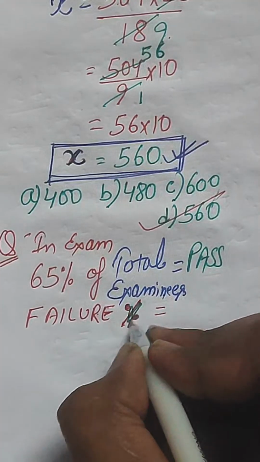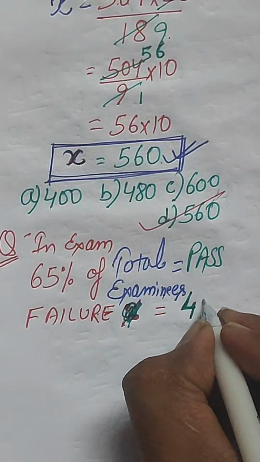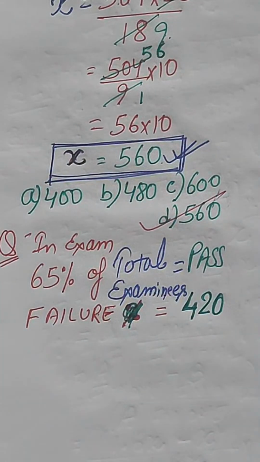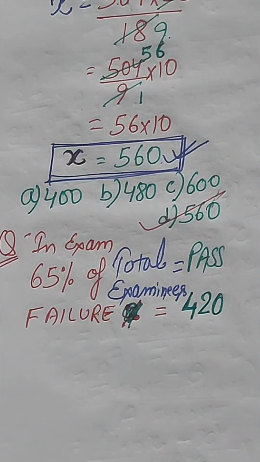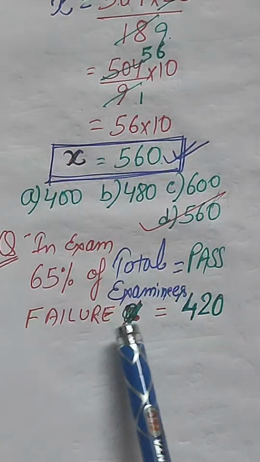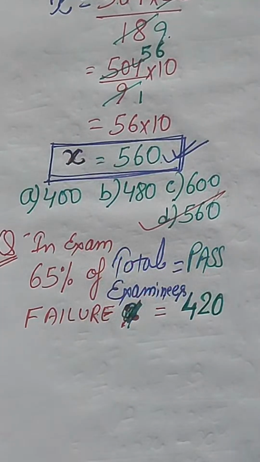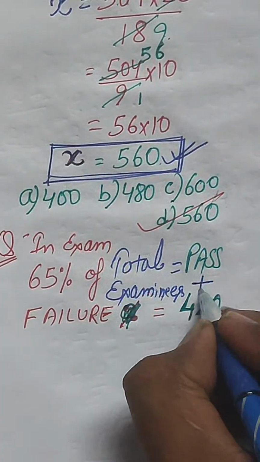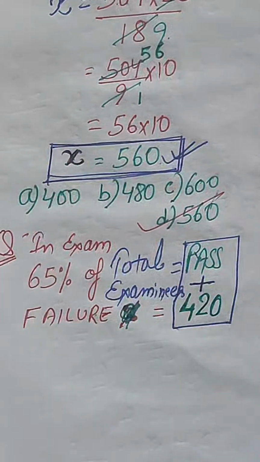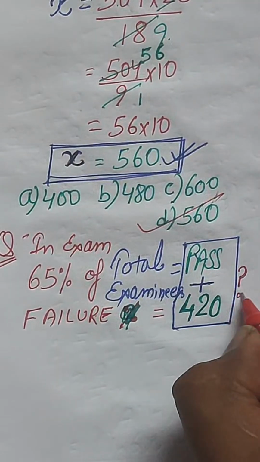No, exactly the count is given as 420. I know this number is not good, but anyway, we need to take it. Now, if the failure count is 420, we need to find the total number of examinees, that means pass plus this 420. This is the requirement.